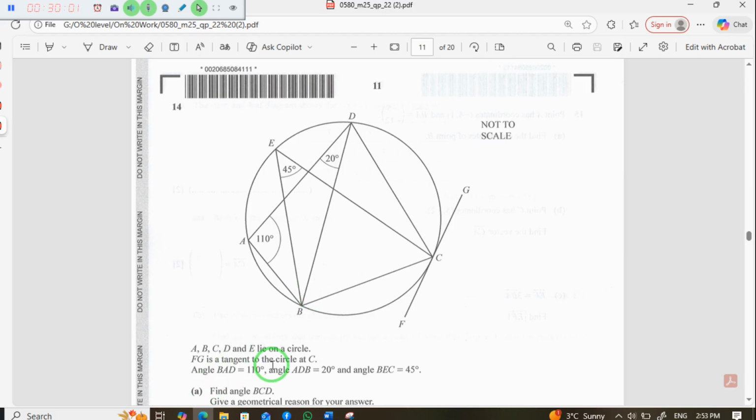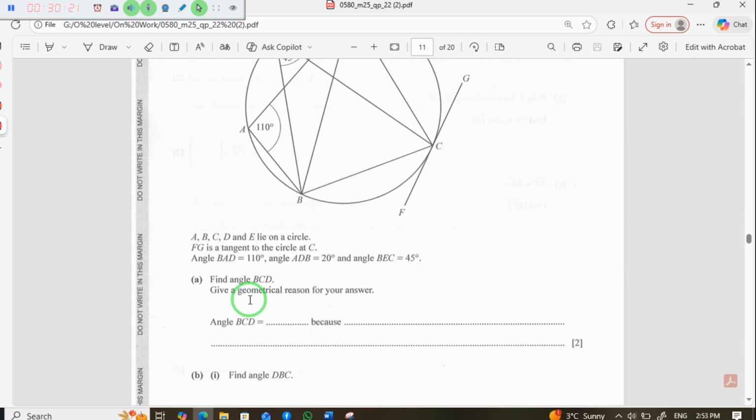If G is a tangent to the circle at C, angle BAD is 110 degrees, angle ADB is 20 degrees, and BEC is 45 degrees.